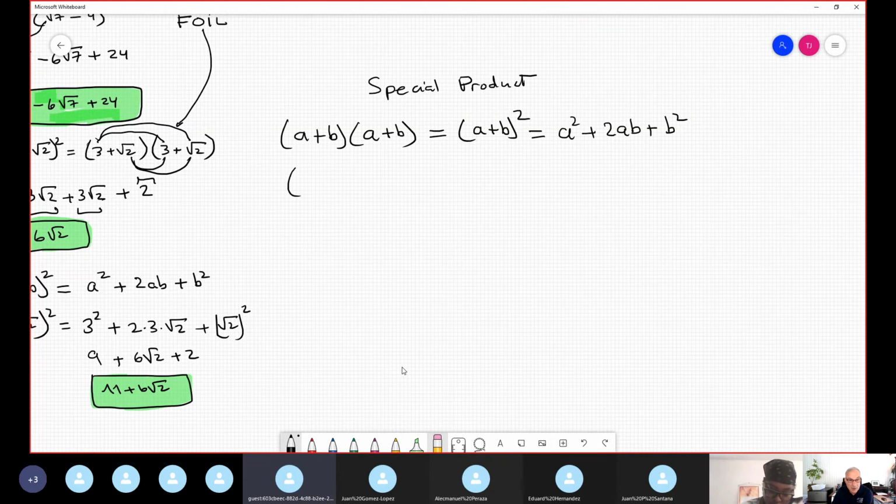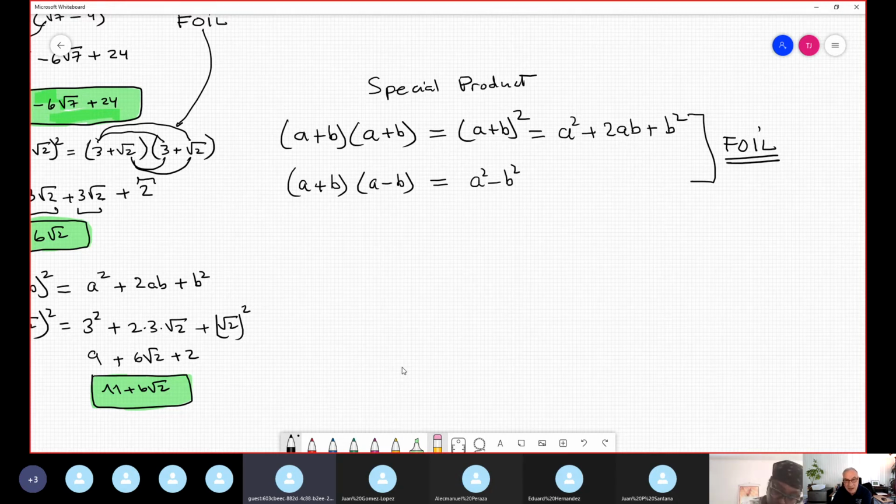We have another special product, which is the conjugate. When you multiply any binomial times its conjugate, which is a family, because it's the same expression but with the opposite sign, I know that the formula is a squared minus b squared. In both scenarios, we can apply FOIL, always. FOIL is universal, but it's a little bit longer. It's for the beginner student.